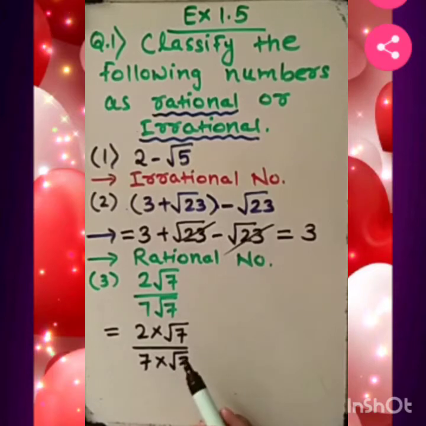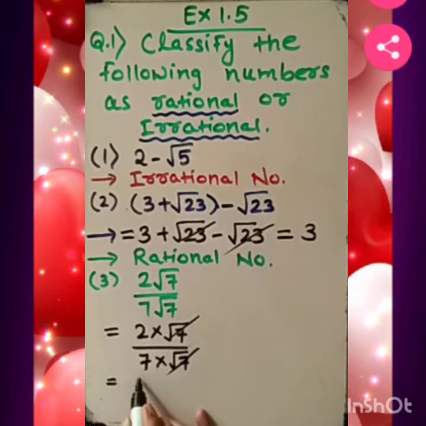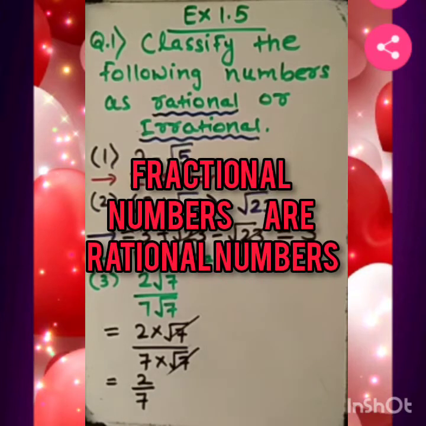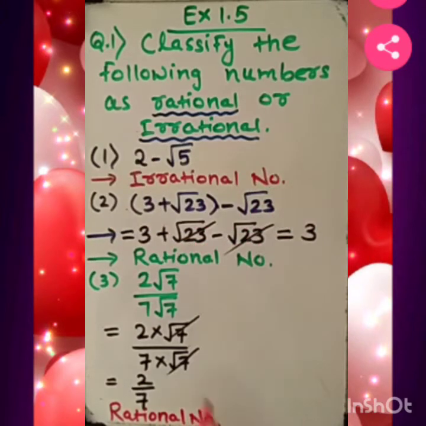The root 7 cancels, so we get 2 by 7. Again, it's in p by q form, so of course it is a rational number. So we write that this is a rational number.